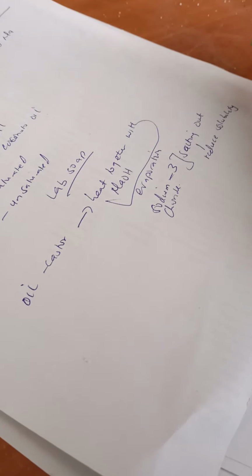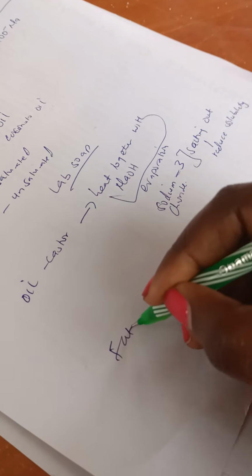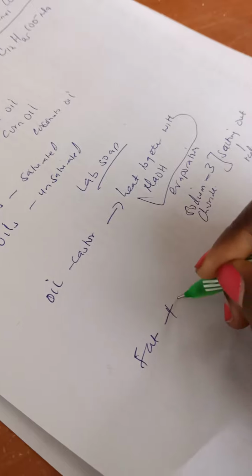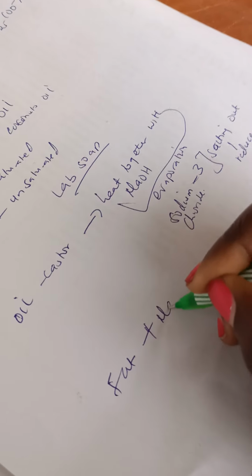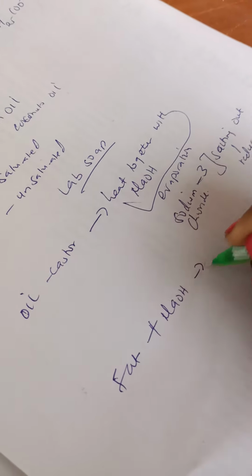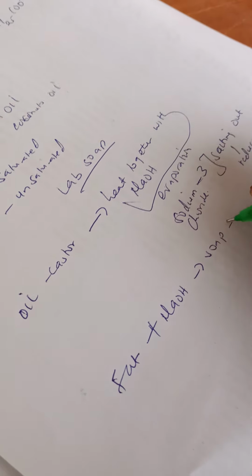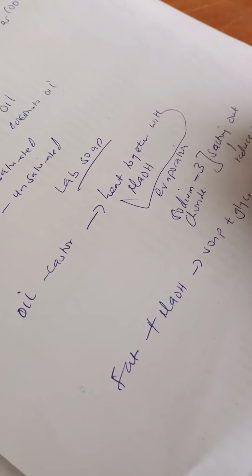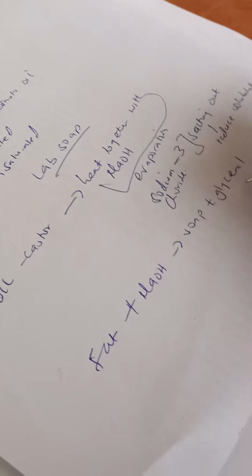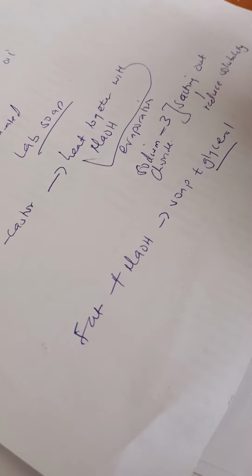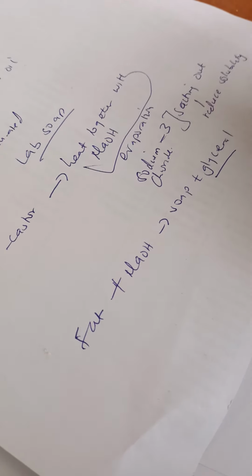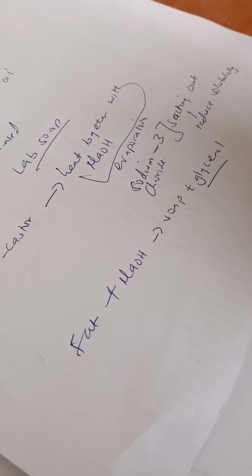Yeah, so when you are eating, we say you eat fat plus an alkyl, sodium hydroxide, and you're going to get soap plus glycol. So we add sodium chloride to salt out, to avoid soap dissolving there.